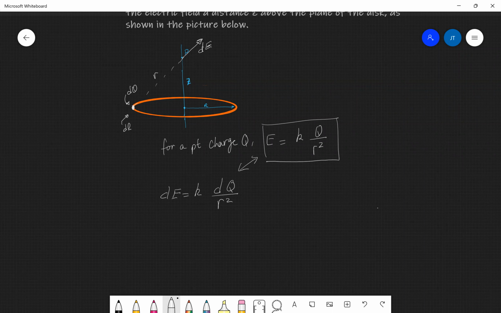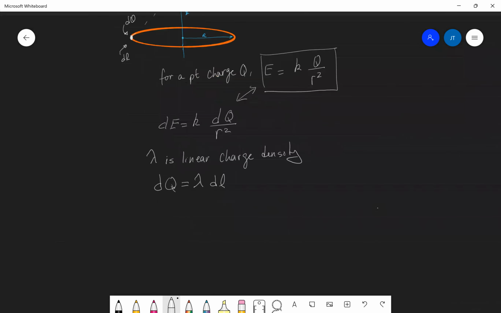Well, we know that for a uniform charge distribution, lambda is the linear charge density, which means total charge Q. For this problem, the element dq, the amount of little charge, is the density times the little length, lambda dl. So let's put that back in there. And this is the magnitude of the electric field.